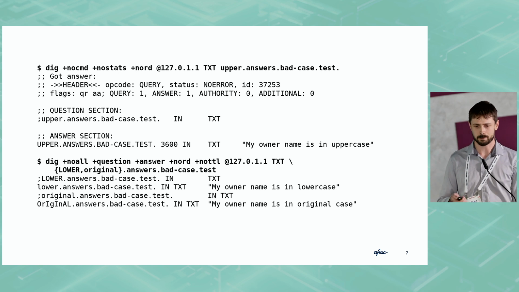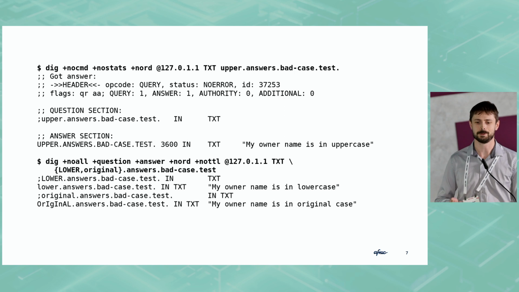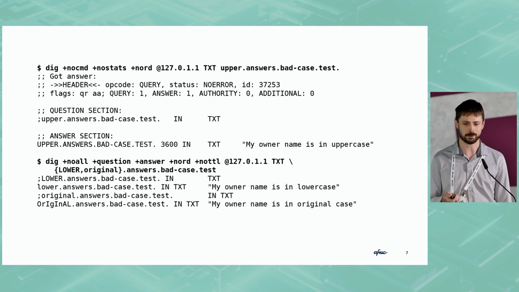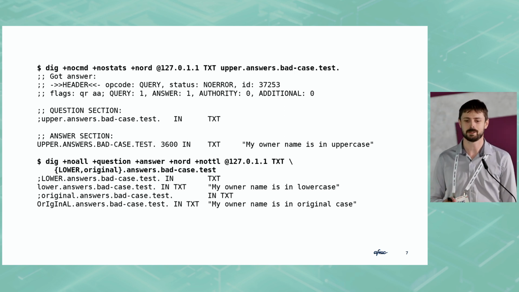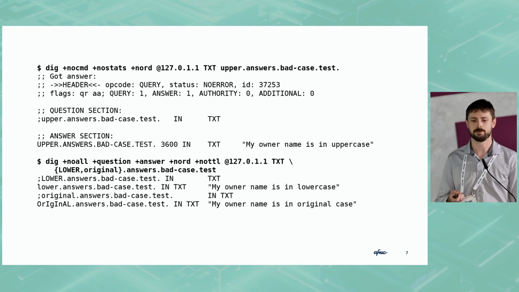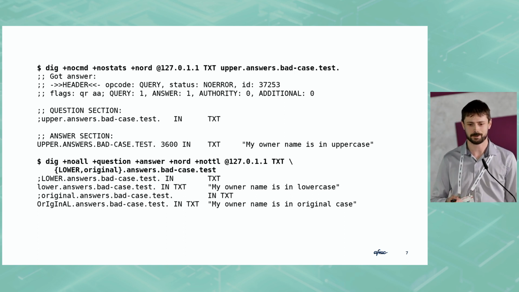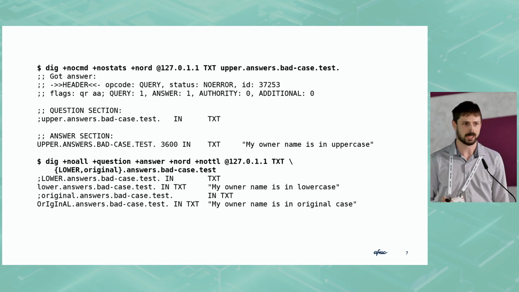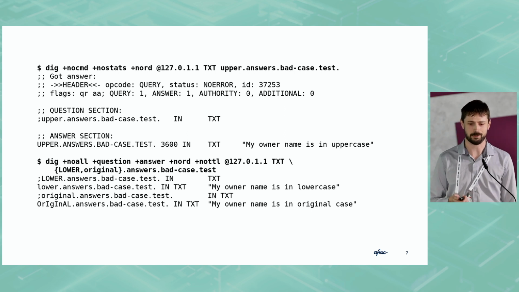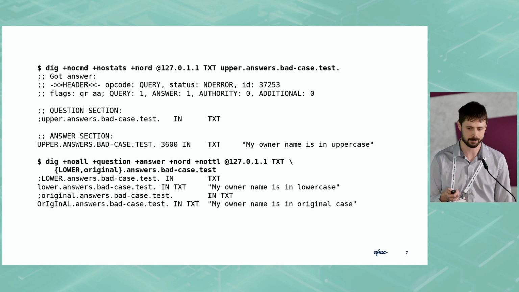So here, for example, in DNS we're supposed to have the same case between the question and the answer sections, but here I've configured a few subtrees where this is not the case. And IBDNS is capable of either forcing everything to uppercase in the answer section or to lowercase. And in the last example, I'm just returning the original resource record as it's typed in the zone file.